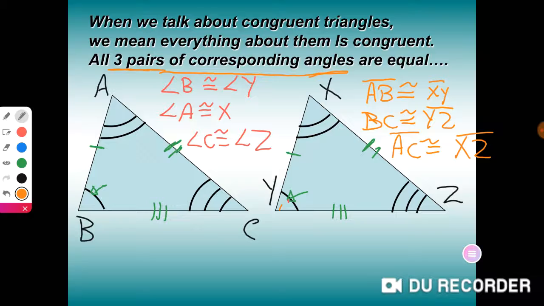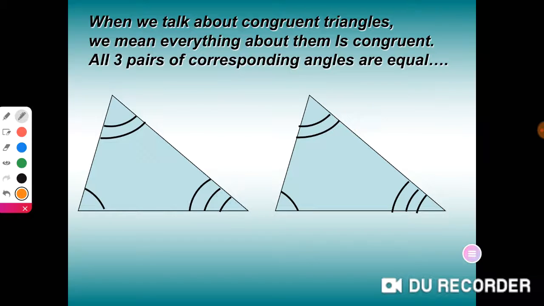I can say that two triangles are congruent if they have the same size and the same shape. Okay, so the two triangles are congruent if they have the same size and the same shape. That means the three pairs of corresponding parts are congruent.